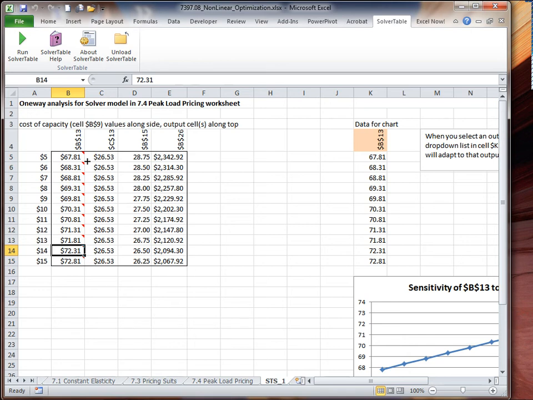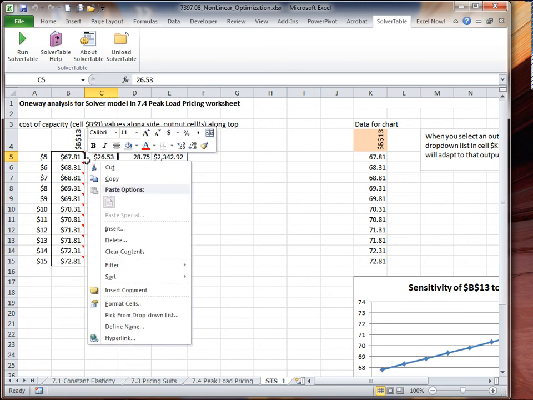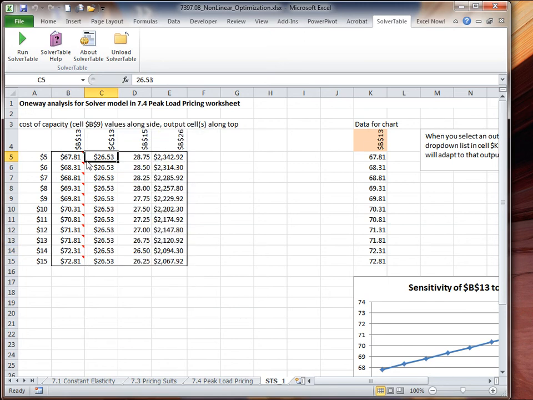But as your price is going up, your capacity is dropping. I see that $10 for 7031 at 27.5 for capacity, correct? Yes. And as price goes up slightly, the capacity is down. The capacity is going down because higher price is dampening peak load demand.